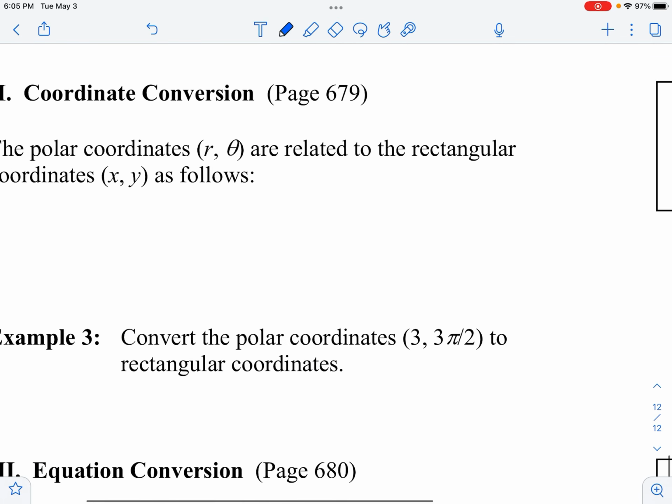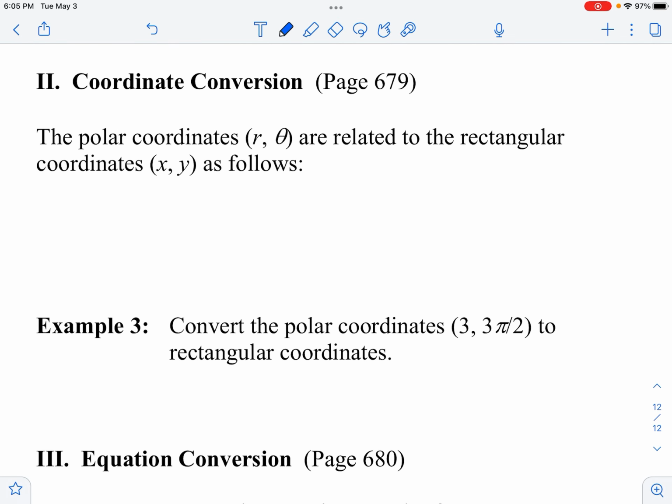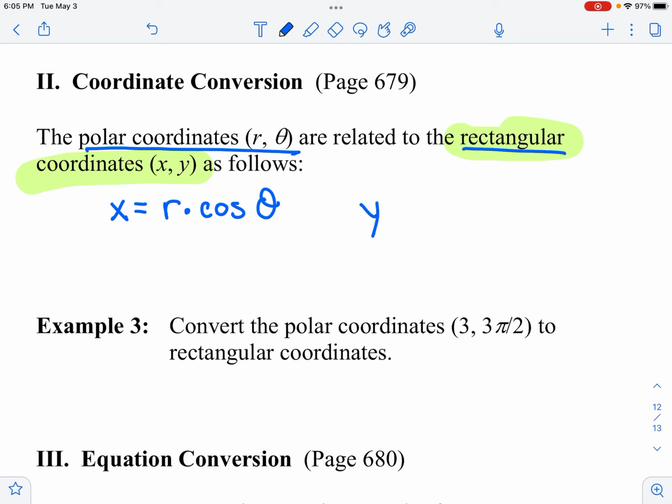Okay, next page. Let's talk about how to convert from polar coordinates to those rectangular coordinates that we're used to. So x in the rectangular coordinate system is equal to r times the cosine of theta. Y equals r times the sine of theta.